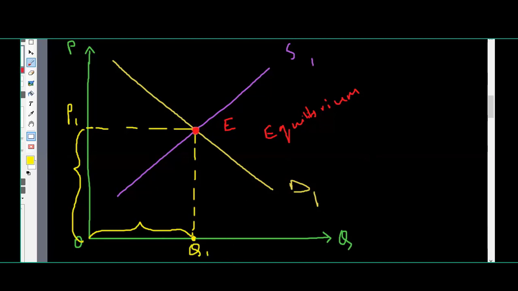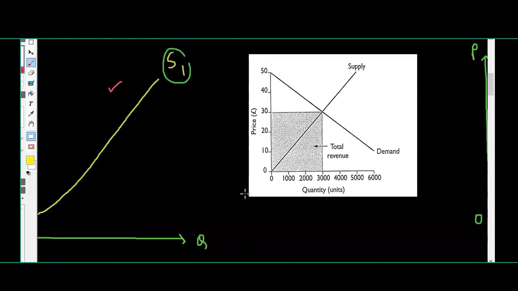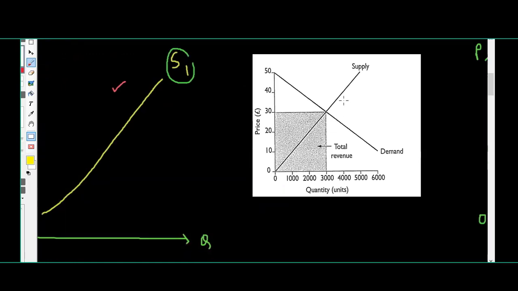To be a little more specific, let's have a look at the diagram given in your book. This diagram is constructed to show you the equilibrium price and quantity. We have the demand curve here, and the supply curve there, and the intersection of demand and supply gives us the equilibrium.